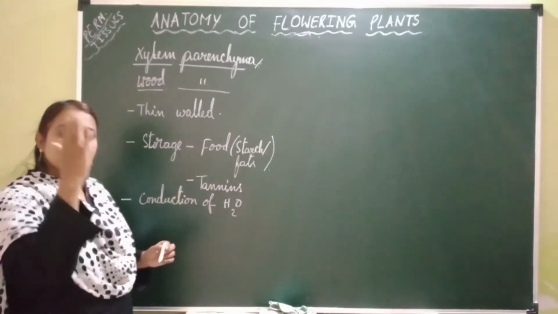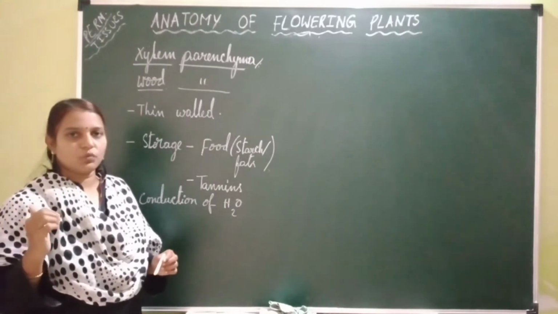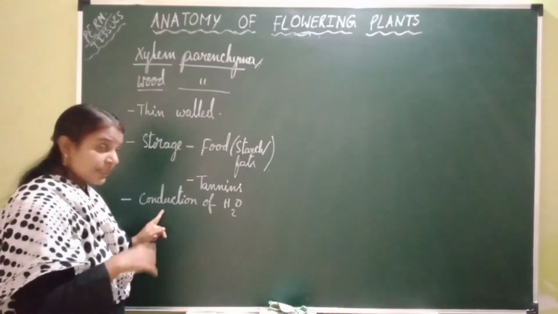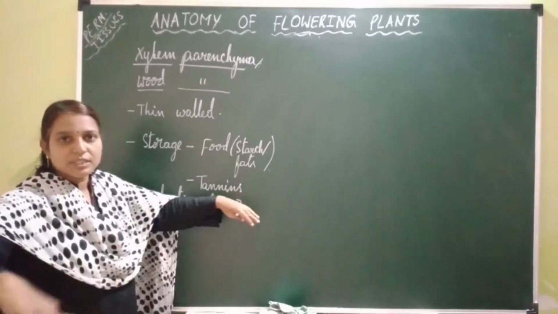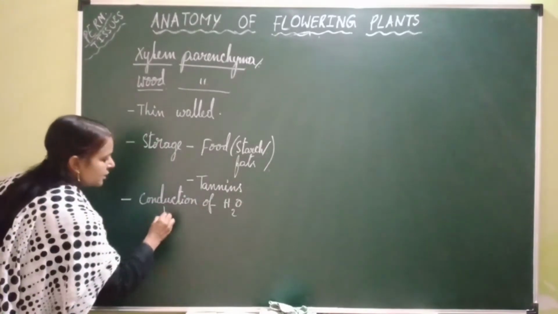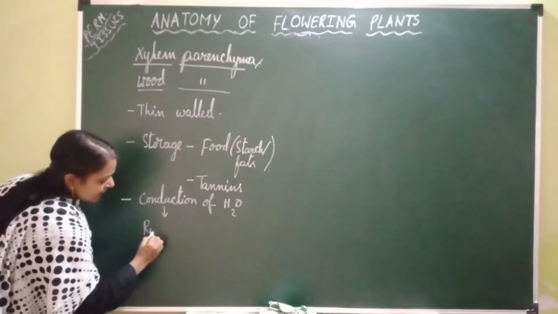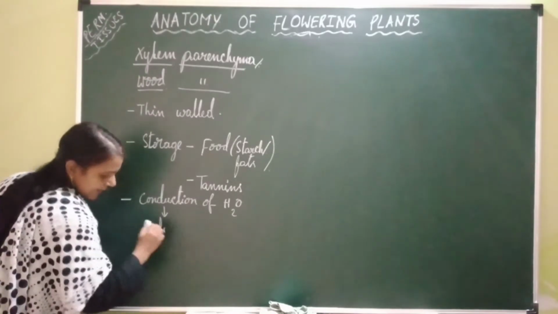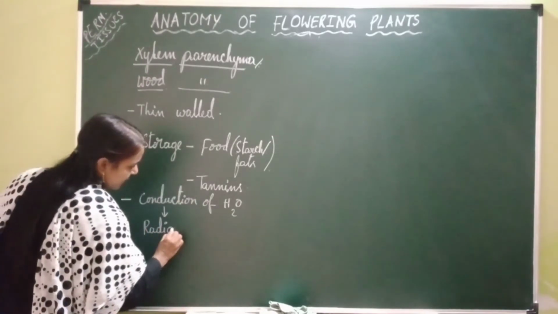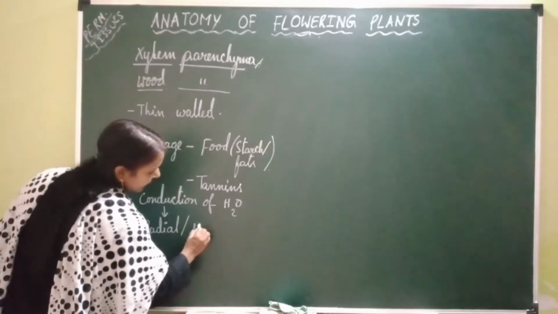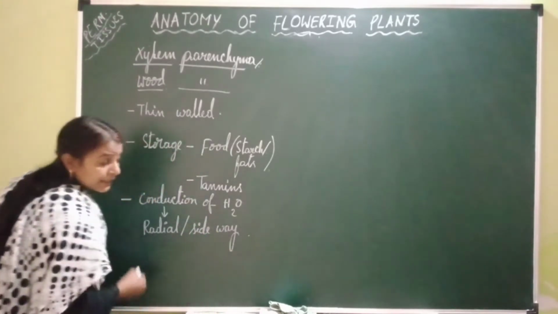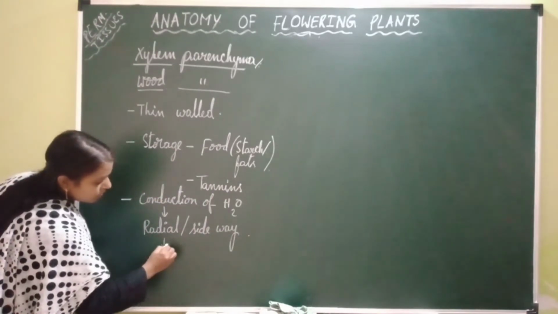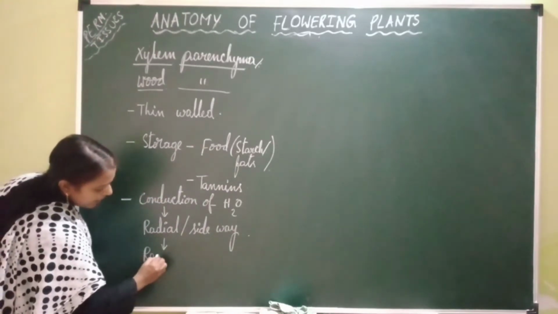Whereas vessels and tracheids are involved in vertical conduction of water, this xylem parenchyma or wood parenchyma is involved in radial, sideway conduction of water, and hence the xylem parenchyma is also called ray parenchyma.